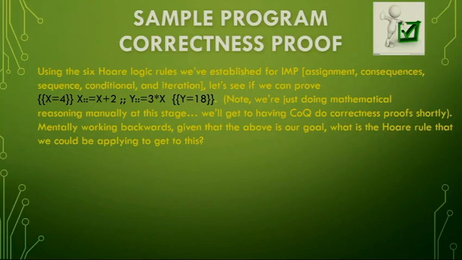But using just the rules that we have, theoretically we can prove it. What rule could we use to establish this? We don't know it's true yet. Eyeballing it, it seems like it should be true, but using just the Hoare logic that we have, what rule would apply here? Remember that the Hoare rules are assignment, consequence, sequence, conditionals, and iteration.